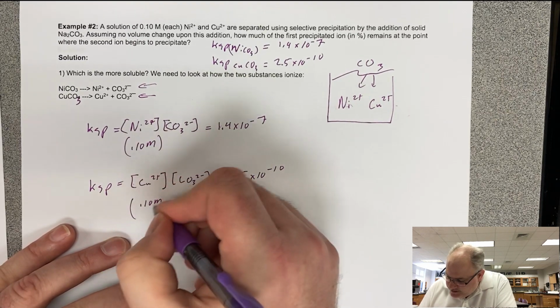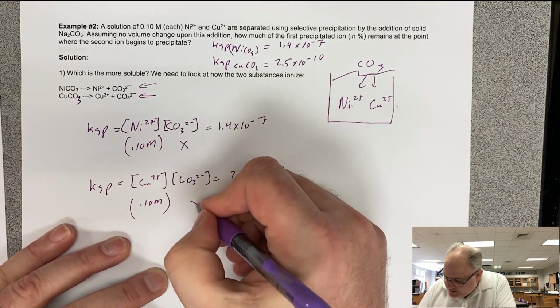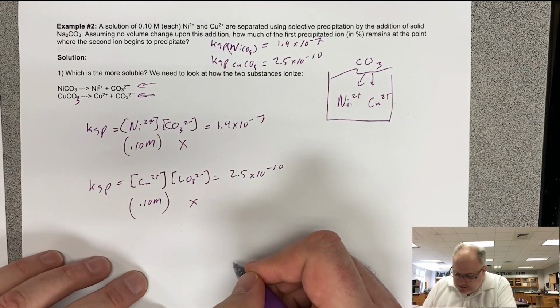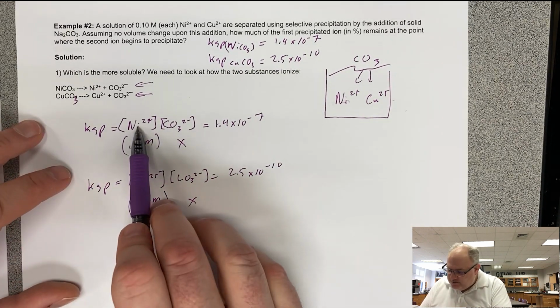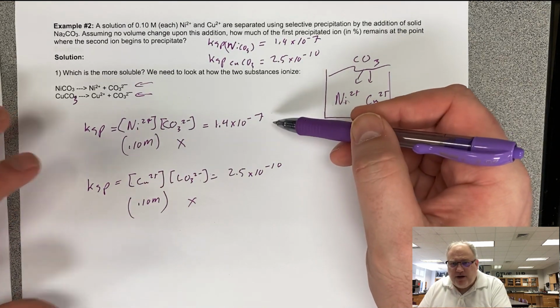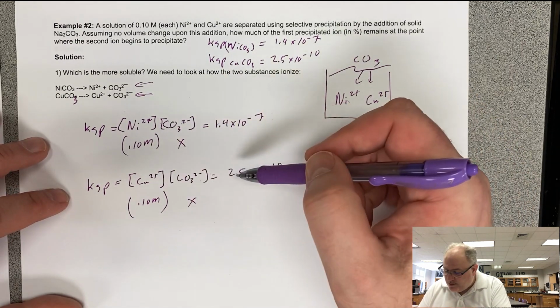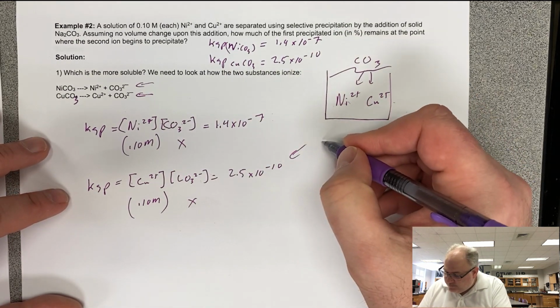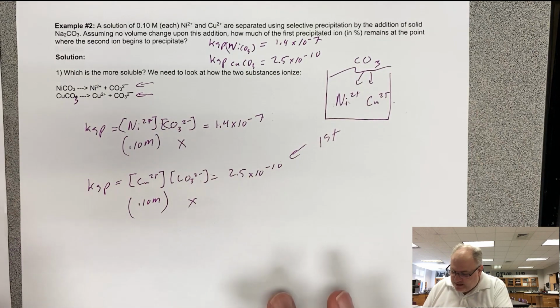So if we have both of these, can't we solve for X, or solve for our CO3 2- in both these cases? Now, before we even go there, aren't these both breaking apart into 2 particles each? So if I take a look at my KSPs, I can actually compare my KSPs when they break apart into the same number of particles. So this is definitely going to precipitate out first, without me doing any math.